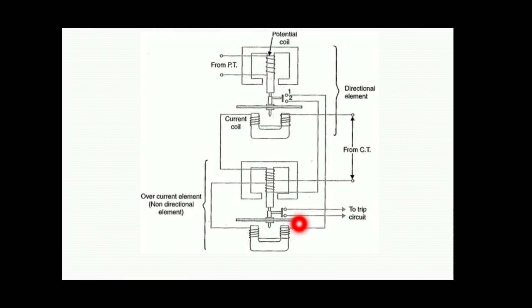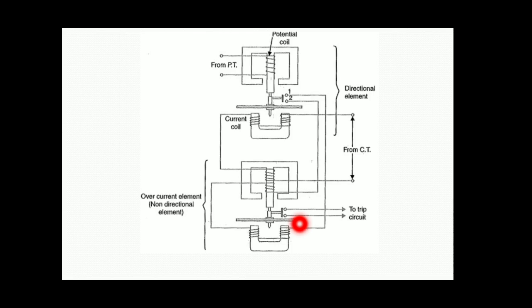Generators and motors are large equipment in distribution, transmission and generation systems. The cost of generators and motors is very high. In that case we are using the directional overcurrent relay, so it will be in the safe zone.